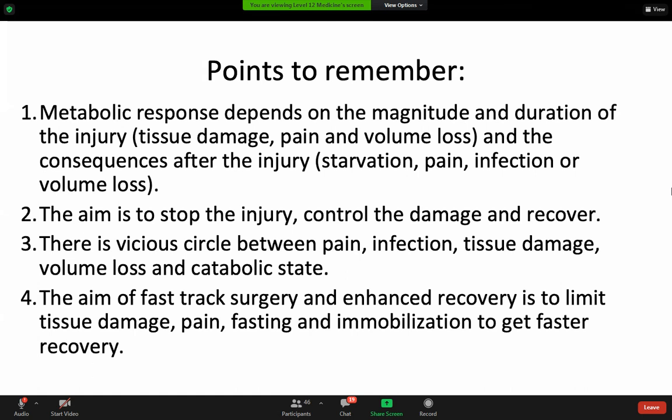So prevention of infection, treatment of pain, and feeding the patient will all make the recovery period shorter. The aim is to stop the injury, control the damage, and recover.